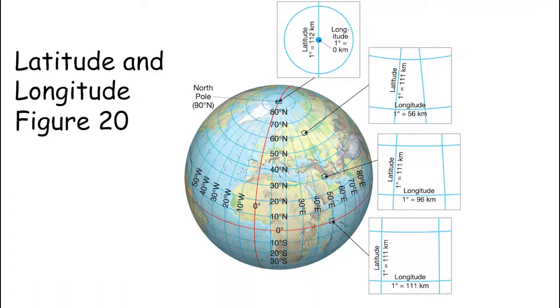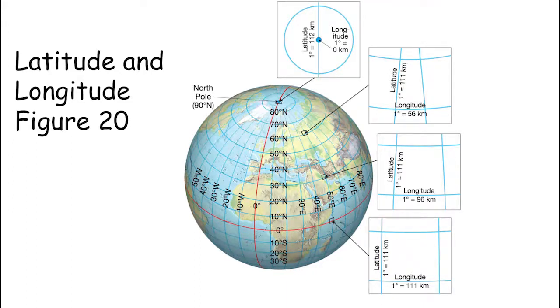So the parallels are 10 degrees apart, and the meridians are 10 degrees apart. The purpose of this illustration is to show you that 1 degree of latitude is pretty much the same distance all over the globe, whereas 1 degree of longitude varies in distance from the equator to the North Pole.